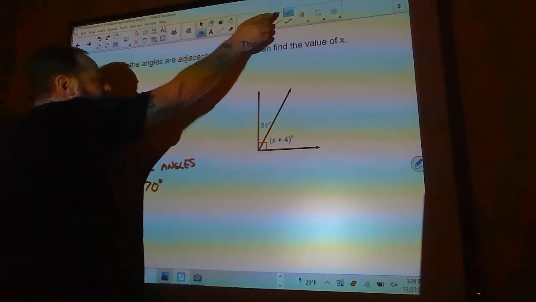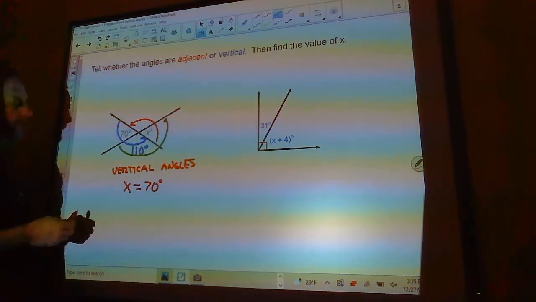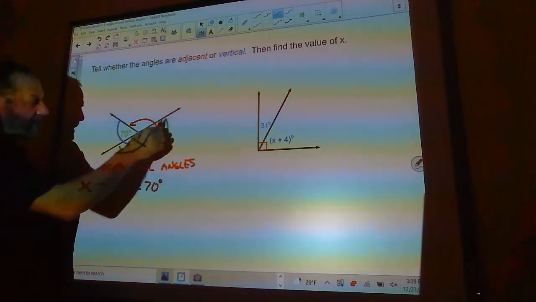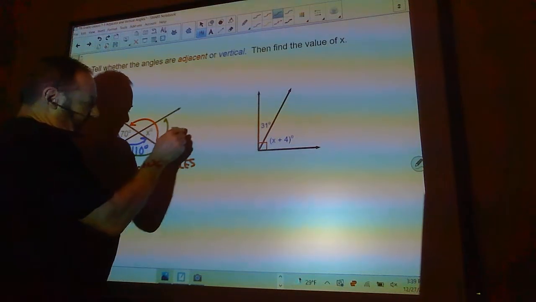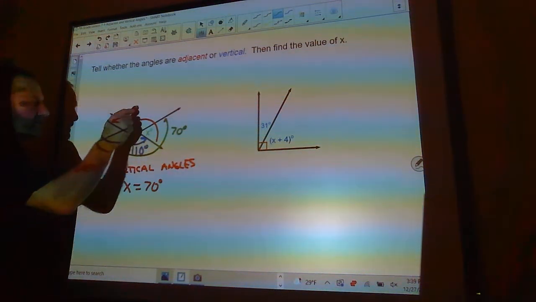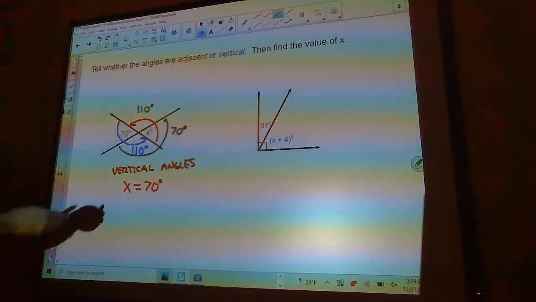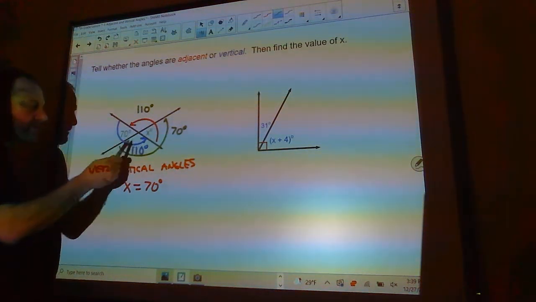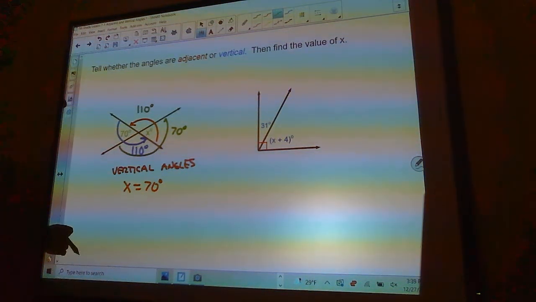Now the next two, these two angles also form a straight line. So they have to add up to 180 degrees, which means if this one's 110, that one has to be 70. And likewise with these, this one ends up being 110. So these two angles are 70, these two angles are 110, which is going to bring us to a theorem on the next page.